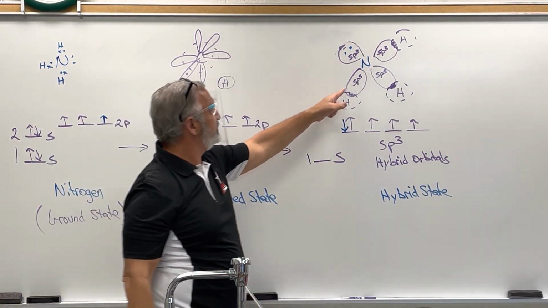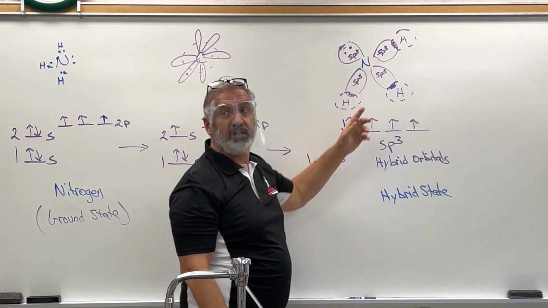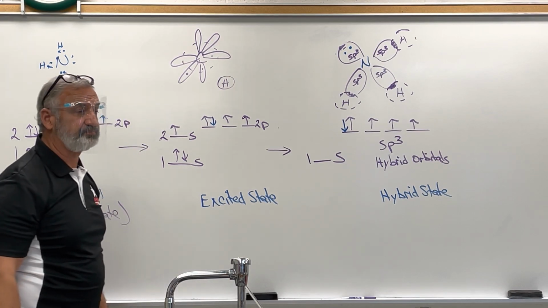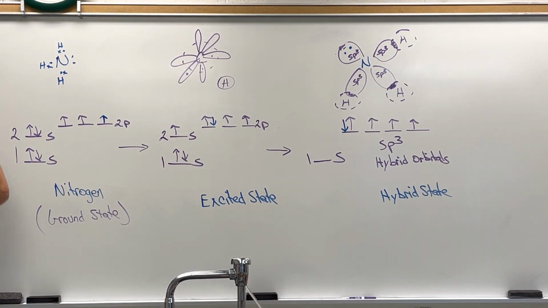The electrons are still occupying 4 different places around the central atom. It's still sp3 hybridization. But the bond angle here is 109.5, which is standard for a tetrahedron.